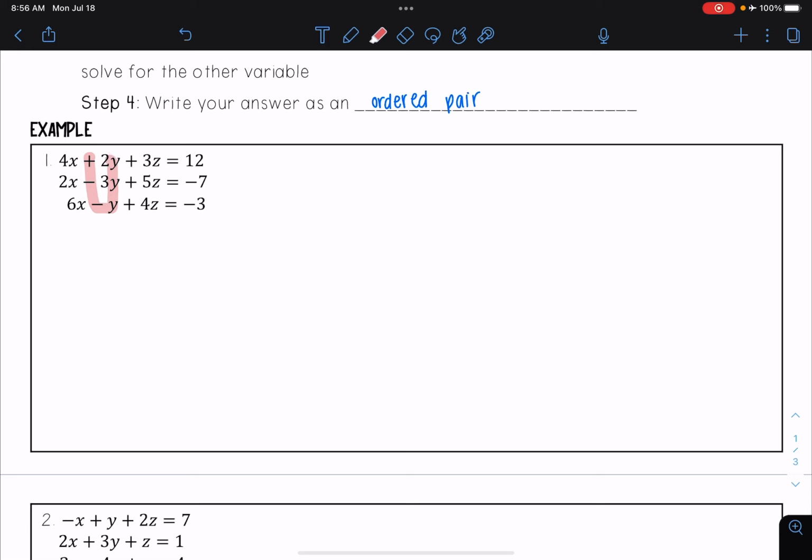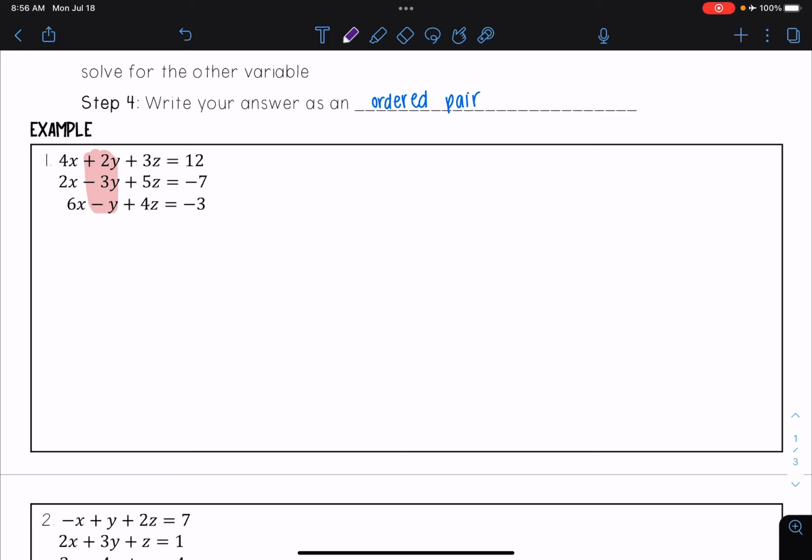I'm going to eliminate y first, because of this negative y in the third equation. Because of that negative y, I can easily multiply this third equation by a negative 3 to eliminate y in the second equation, or by 2 to eliminate y in the first equation.